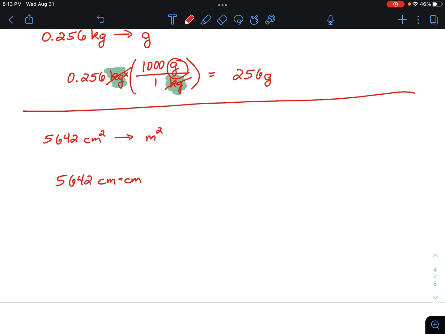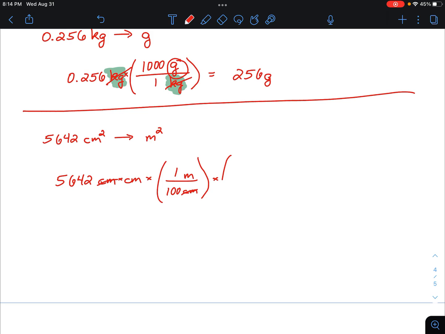Then I need to multiply this by my conversion factor. In this case, I want to put centimeters in the denominator, meters in the numerator, and then I'm going to put my number, which is 100 centimeters per meter. Notice that this conversion factor only converts 1 of the centimeters.